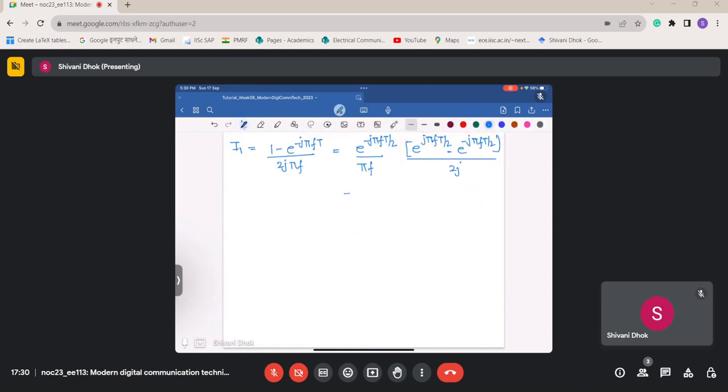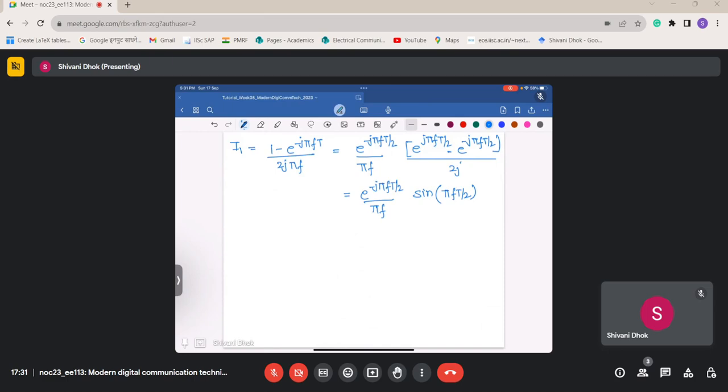So this comes out to be e power minus j pi f T by 2 upon pi f into sine of pi f T by 2.